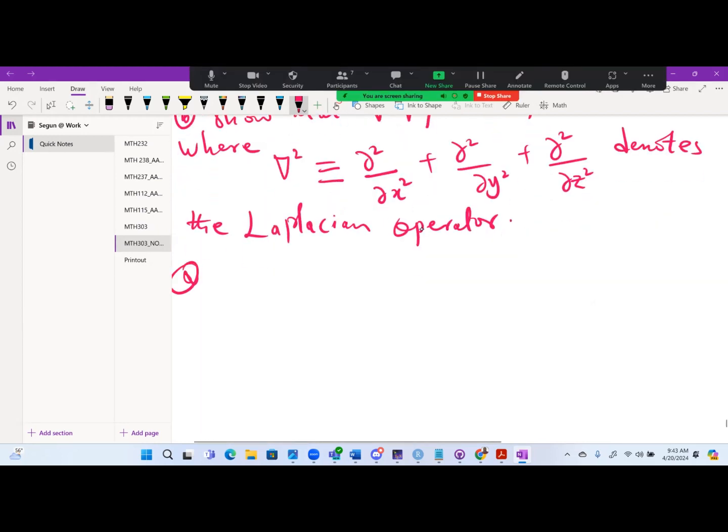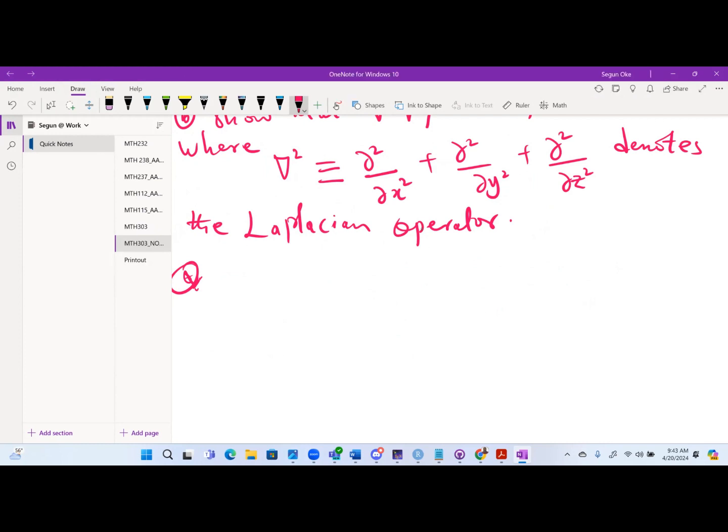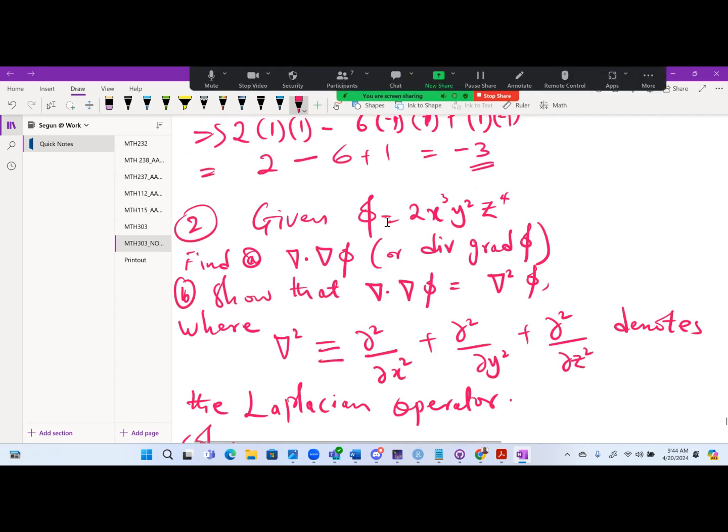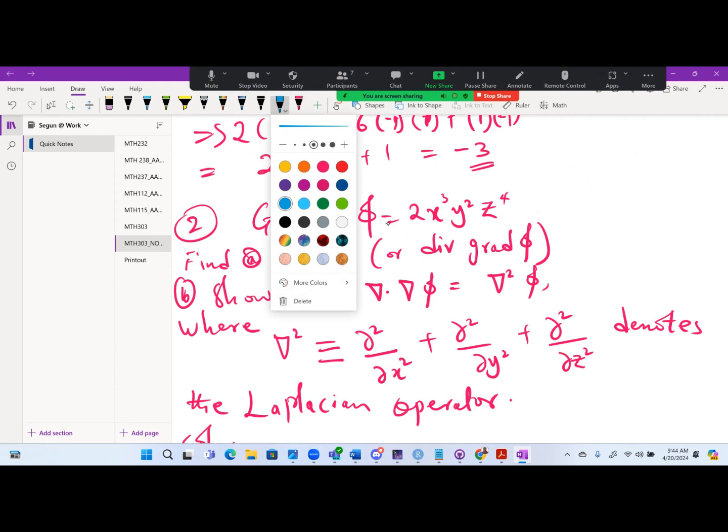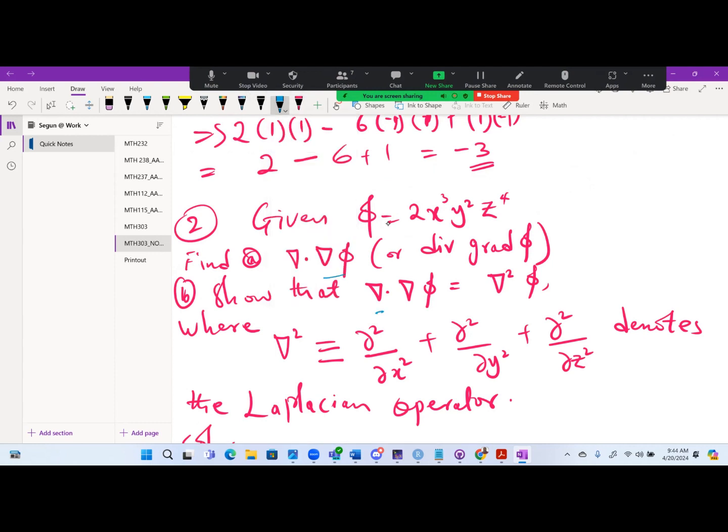So if we look at A, let's solve it. Here it says we should calculate this multiplied by this, dot this.